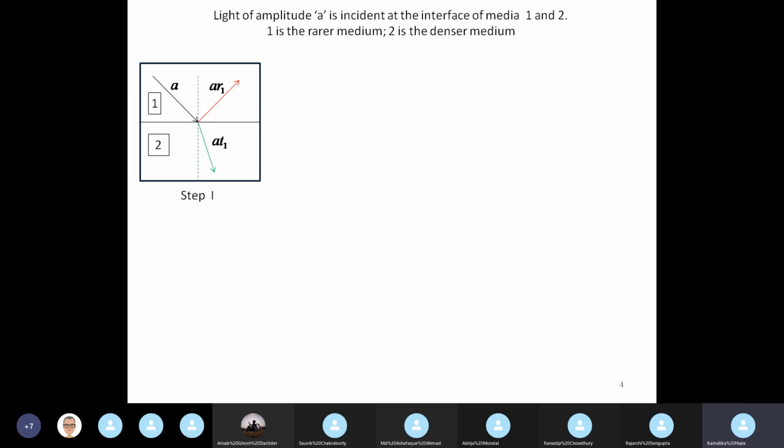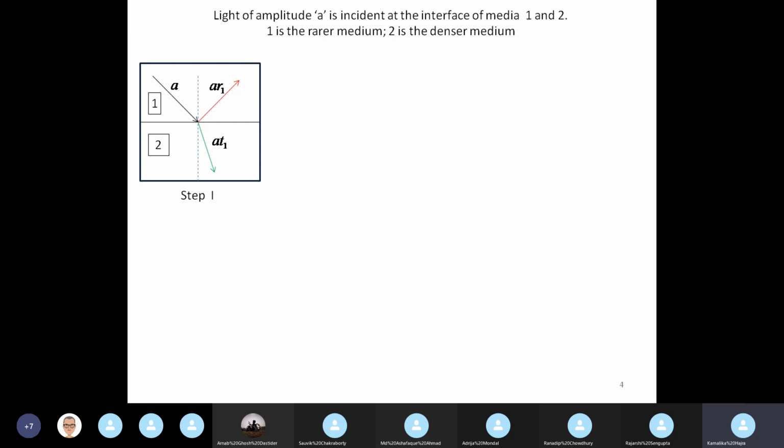So obviously, intensity is decided by the amplitude. Remember, intensity is amplitude squared. So if we are getting 2 rays from a single incident ray, then the intensity of those 2 rays will be lesser than the intensity of the incident ray. And the intensity, basically the energy, is distributed into the reflected and the transmitted ray. How is it distributed?